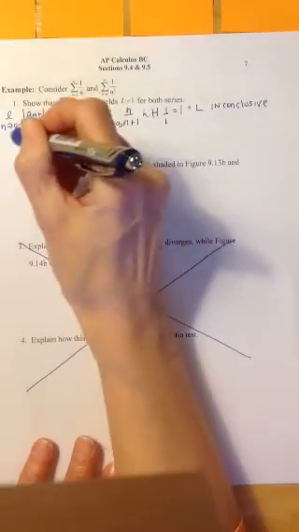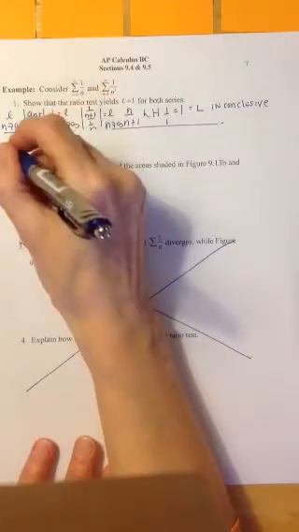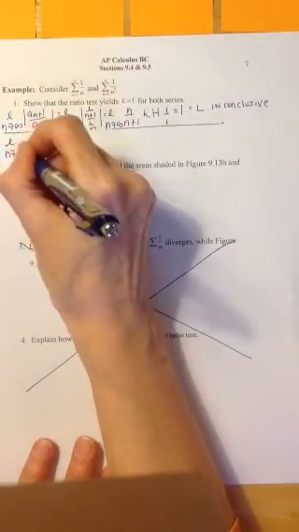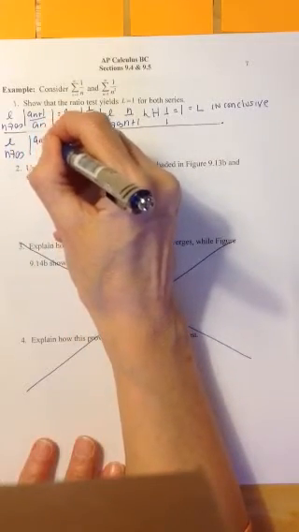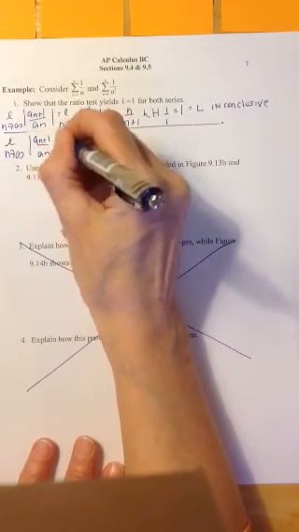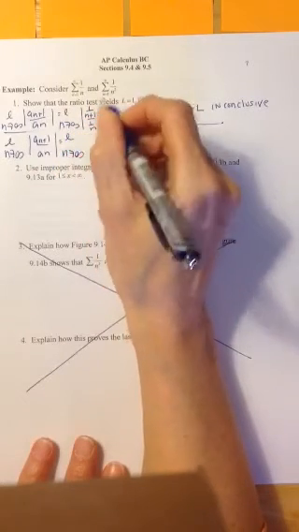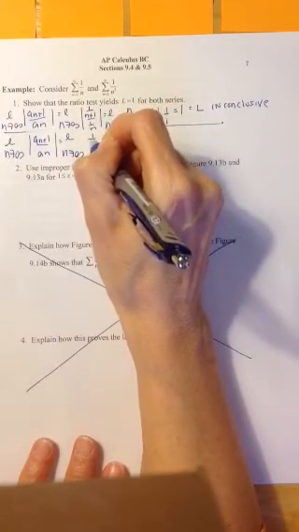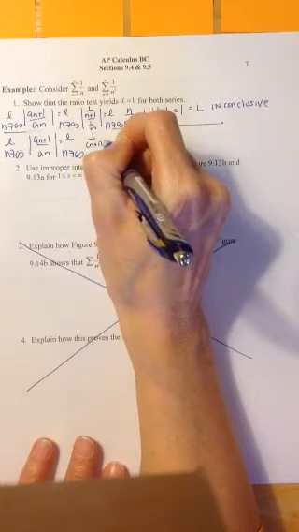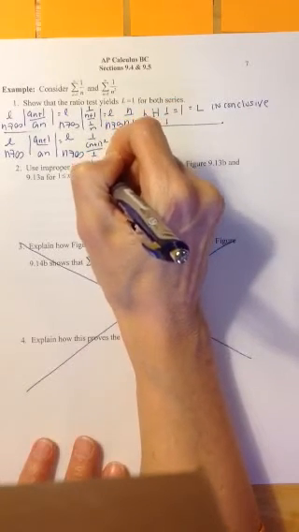Let's run the test also on the other series. So if I take the limit as n goes to infinity, a to the n plus 1 over a to the n, that's going to be the limit of 1 over n plus 1 squared over 1 over n squared.